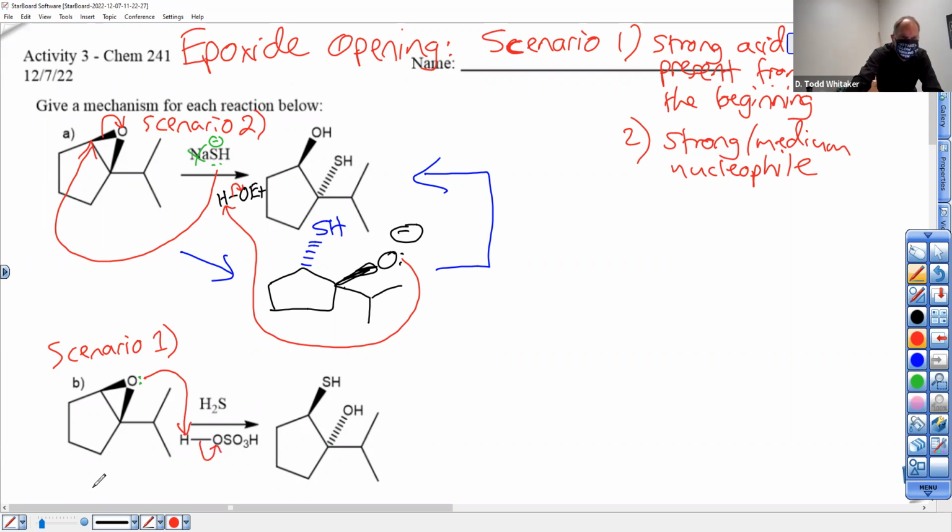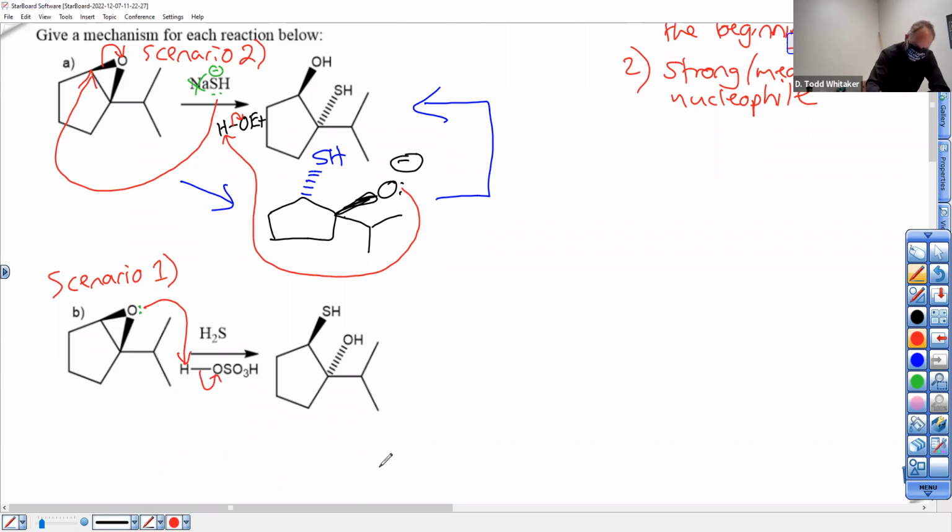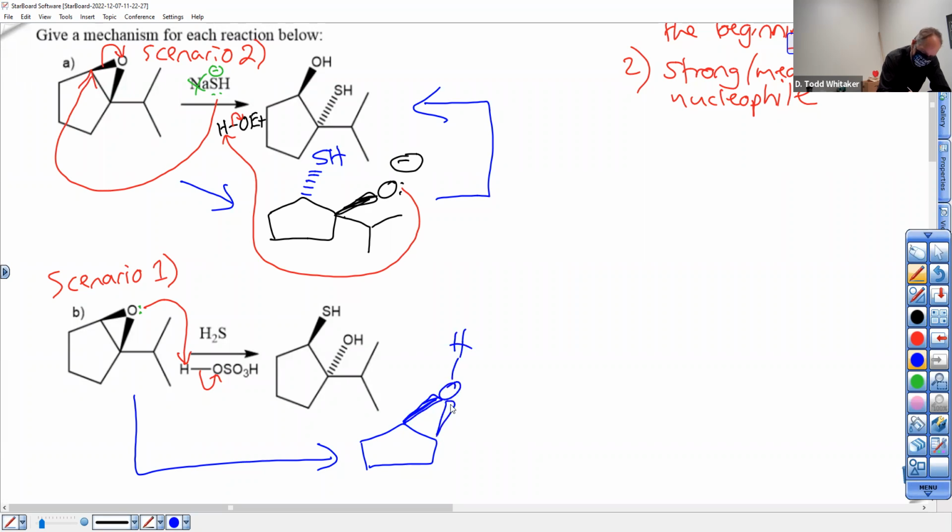And now your triangle will have a charge. You don't talk to me about least hindered carbon now. You talk to me about which carbon helps stabilize a cation better, tertiary or secondary. Tertiary.